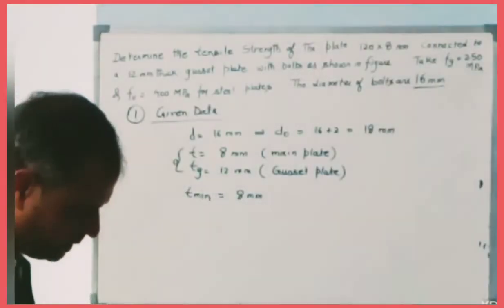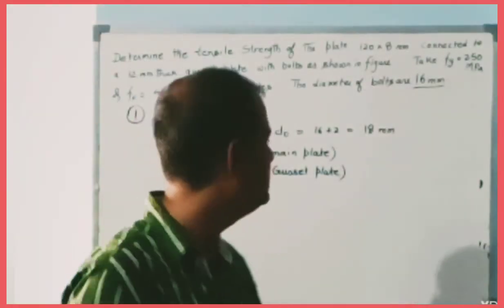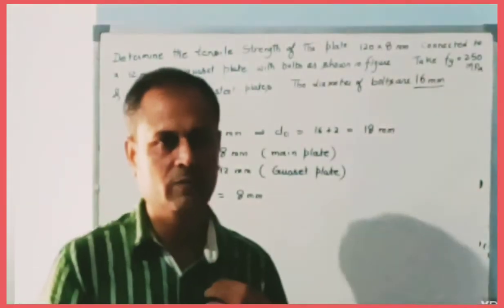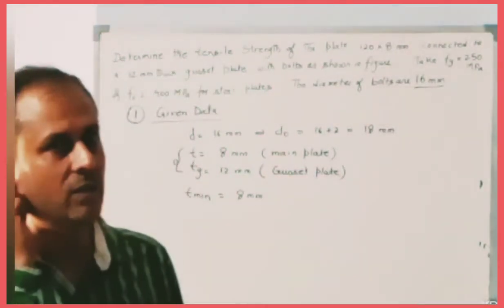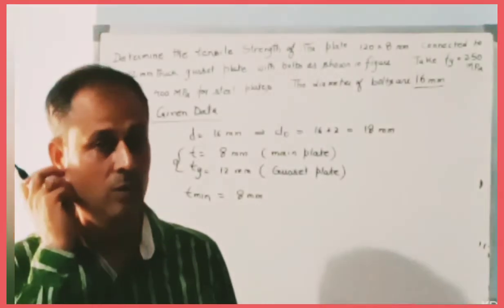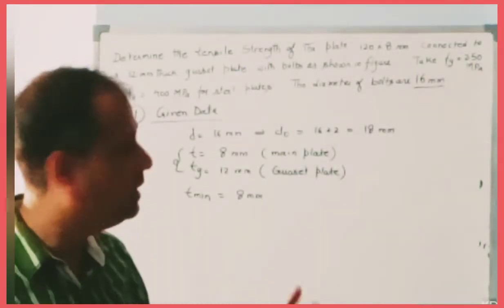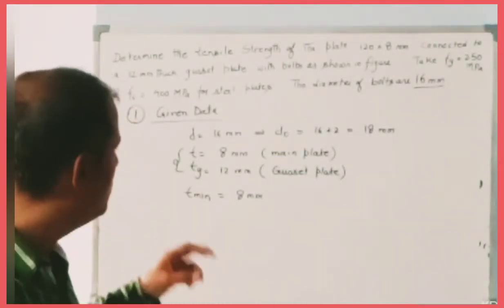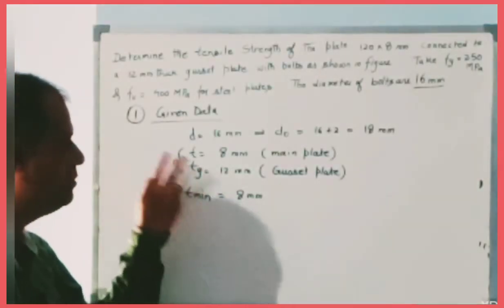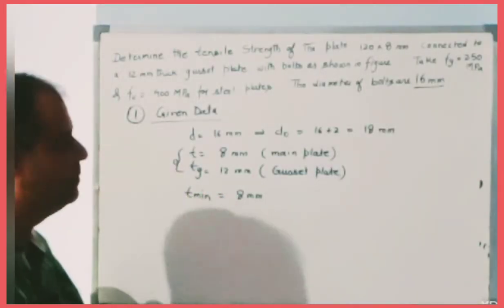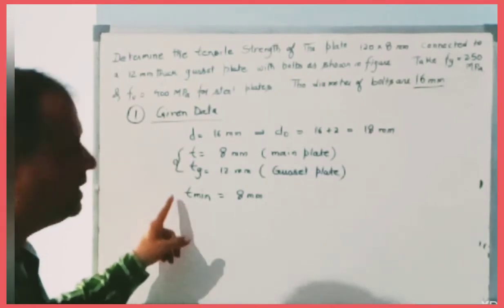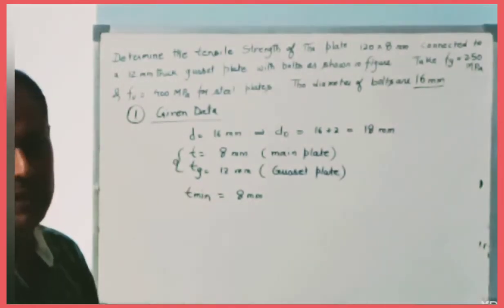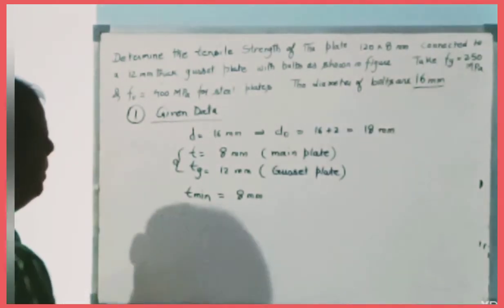Why am I calculating the minimum thickness? Because whenever an axial pull or any kind of load exists, the failure of the plate will initiate in the lower thickness. So the lower thickness out of the two plates is 8 mm. So the main plate will rupture or fail on application of external load.